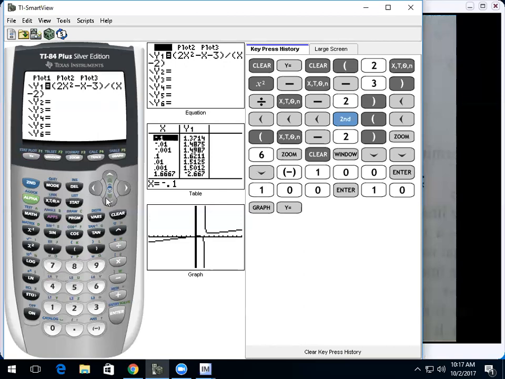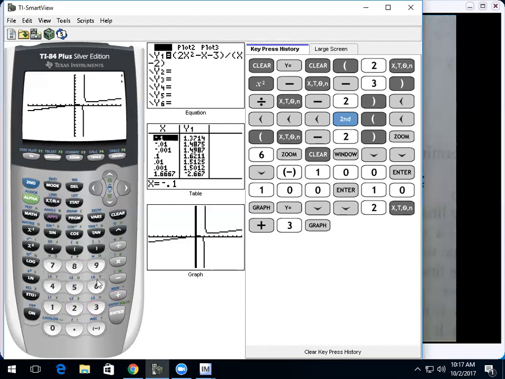And if I plot the oblique asymptote with it, 2x, what was it, 2x plus 3? Then I can see the oblique asymptote and both pieces of the function. All right.